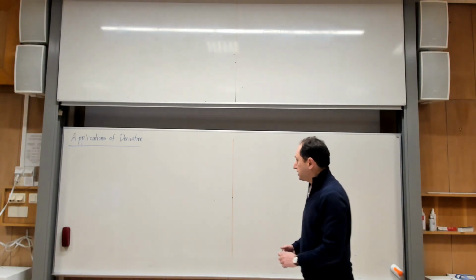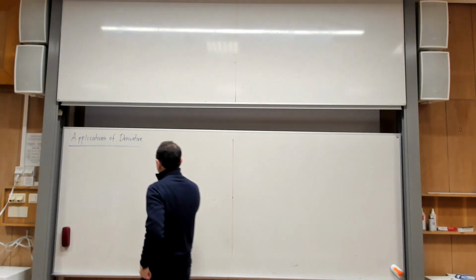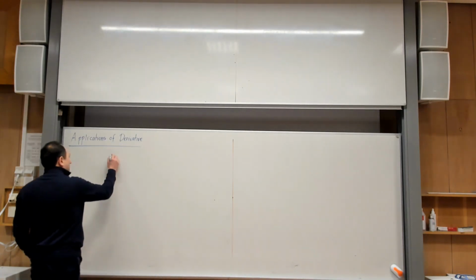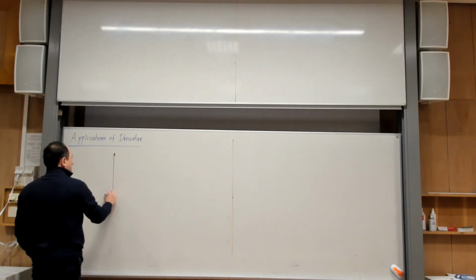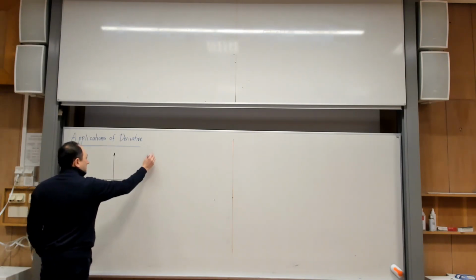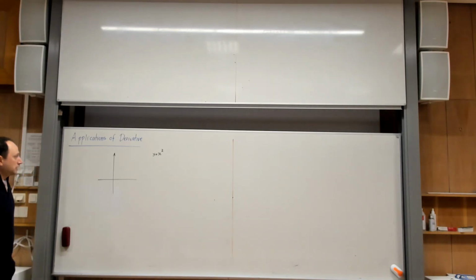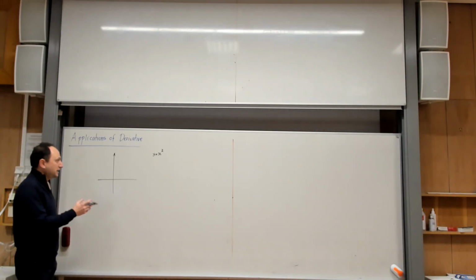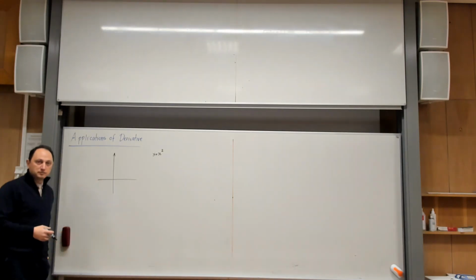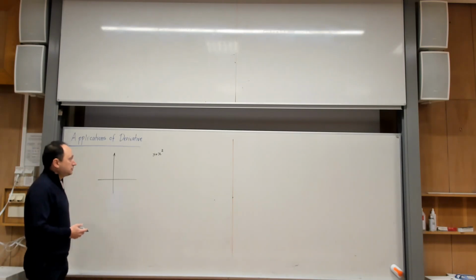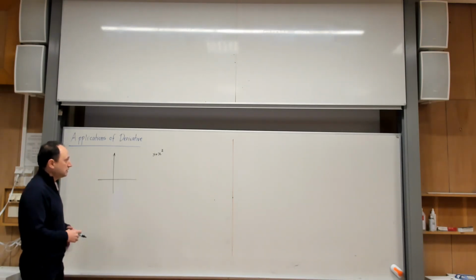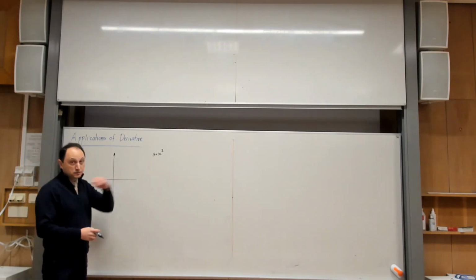For example, when I was doing Math 2C, assume that you want to draw the graph of the function y equals x squared. I want you to understand, this is a really hard problem. It's not a simple task, because a graph of a function means that I need to find all possible pairs of x and y that satisfy this equation.